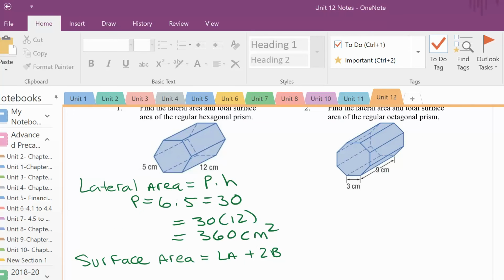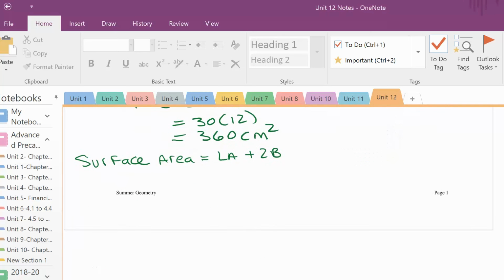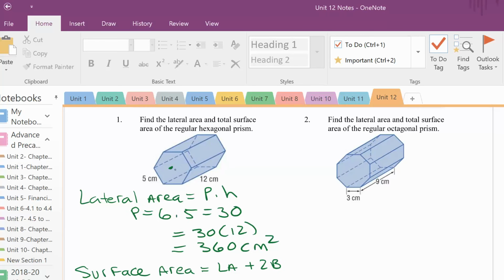The area of one base, remember this is a hexagonal prism, is 1/2 perimeter times apothem, so it's 1/2 times 30 times, but we need the apothem.